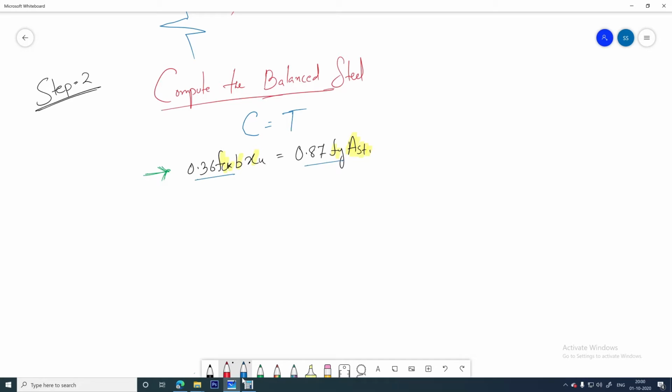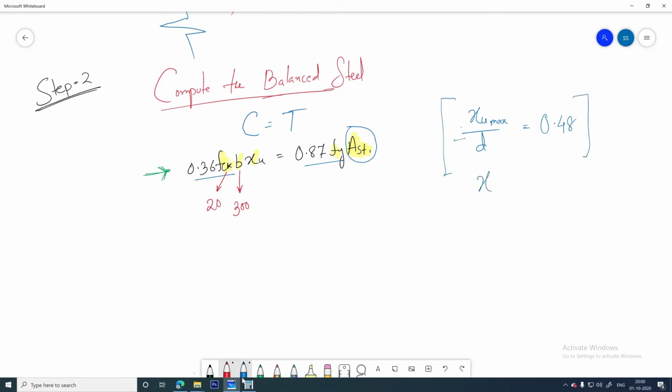Now let us determine the value of this AST1. So what is the value of this fck? That is 20. The value of b is 300. Okay, the value of xu you can put here, xu by d or xu max by d, you know that we have shown you, that is 0.48, right?